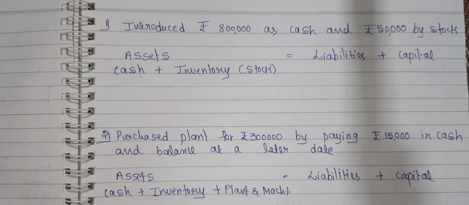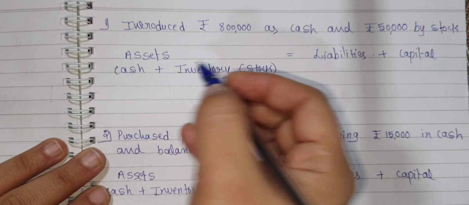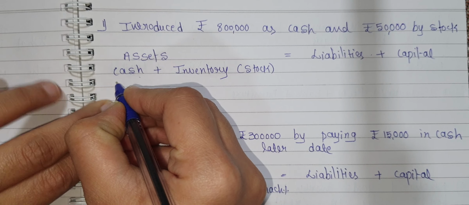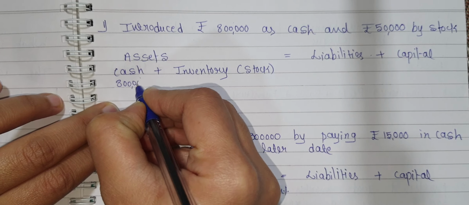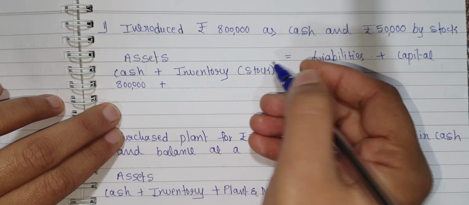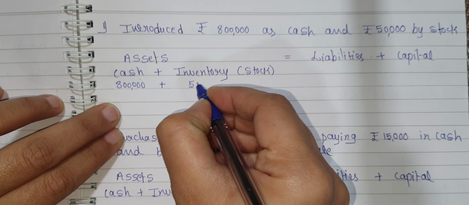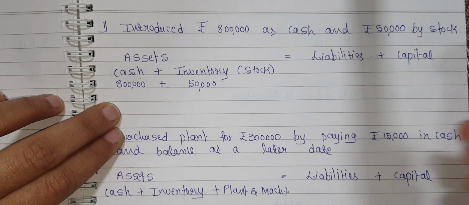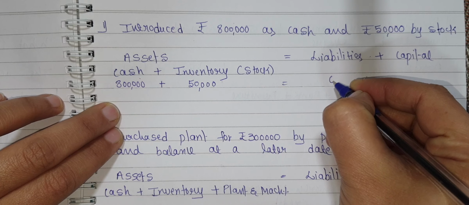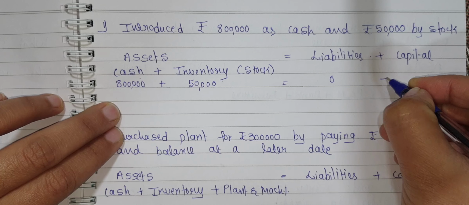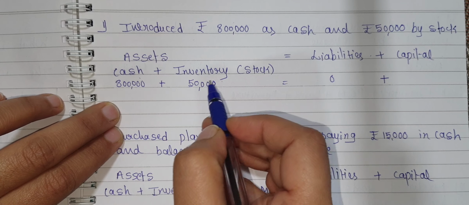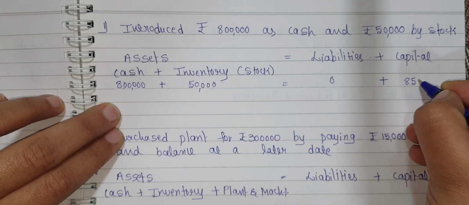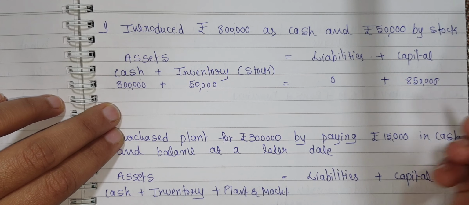Fine. Now we will write down the amounts. First, cash, that is rupees 8 lakh, plus stock or inventory, that is rupees 50,000. There are no liabilities, and capital increases by rupees 8 lakh plus 50,000, that is rupees 8 lakh 50,000.